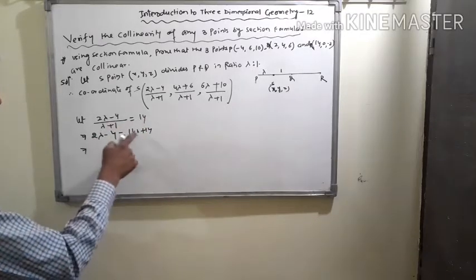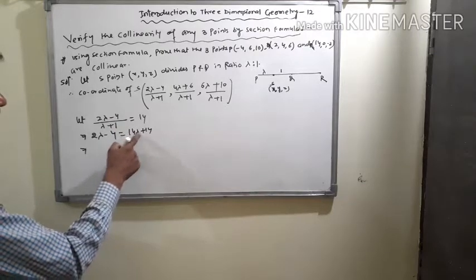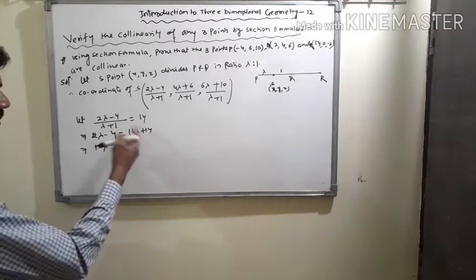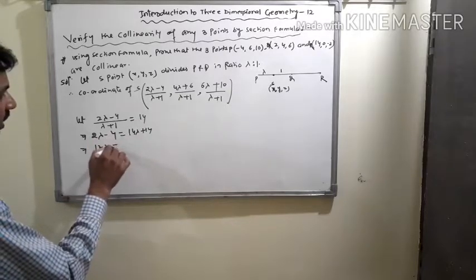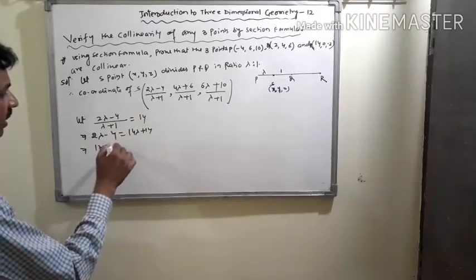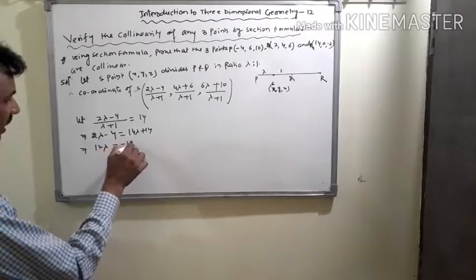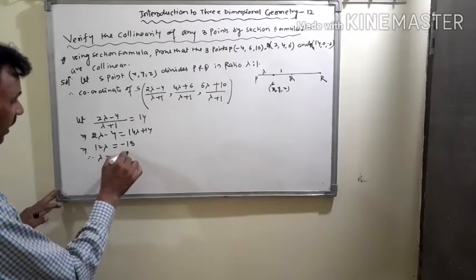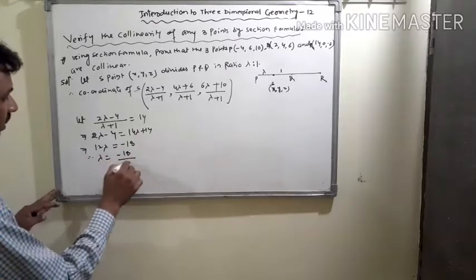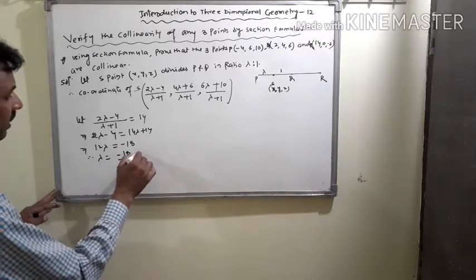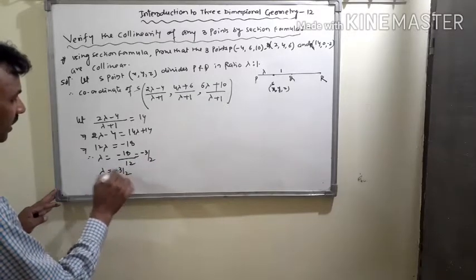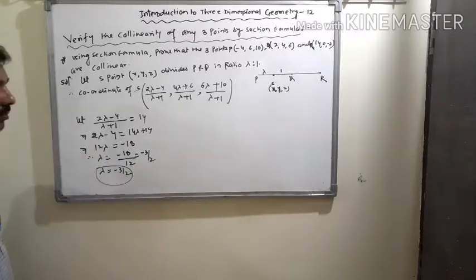If you transfer 2 lambda to the right side, this will be 14 lambda minus 2 lambda, which is 12 lambda, and transferring 14 to the left side, this will be minus 14 minus 4, which is minus 18. Therefore, lambda equals minus 18 upon 12, which is minus 3 by 2.